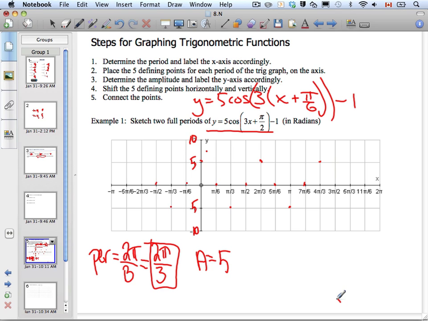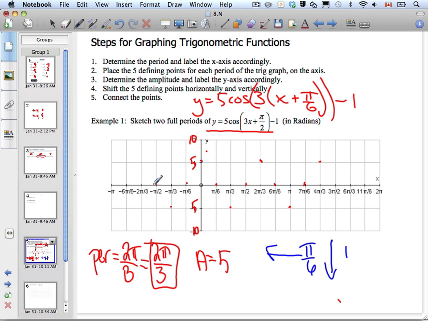Next thing says, shift the 5 defining points horizontally and vertically. I'm going to change colors to blue. I know I'm going to go pi by 6. I'm going to go left pi by 6, and I'm going to go down 1. So I'm going to take all these points, and conveniently each of these grids is pi by 6.